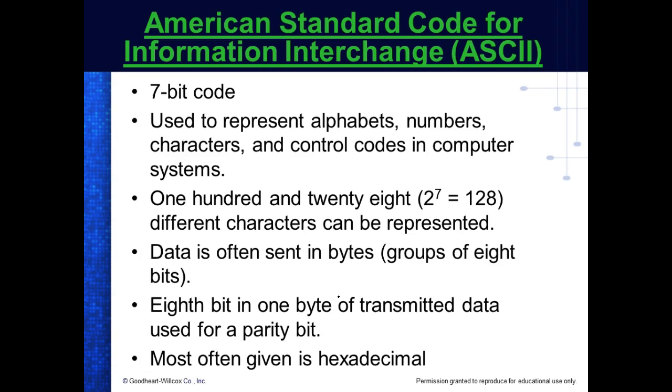Data is often sent in bytes or groups of 8s. So originally our transmitting of data was very poor. In fact, when memory for computers first came out, they had a problem with bits inside the memory changing.